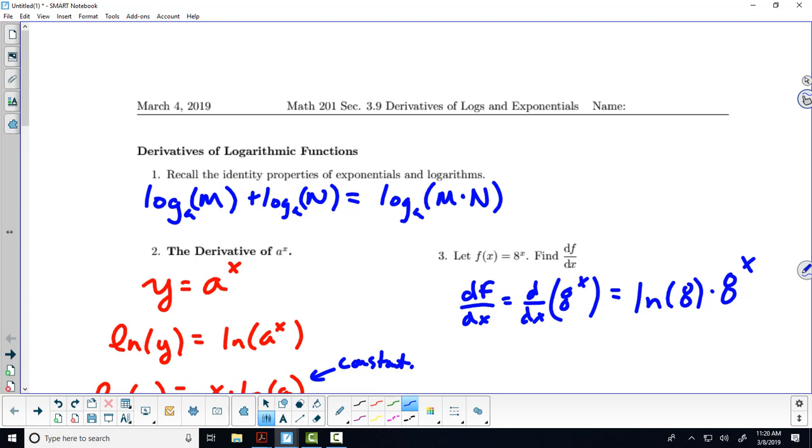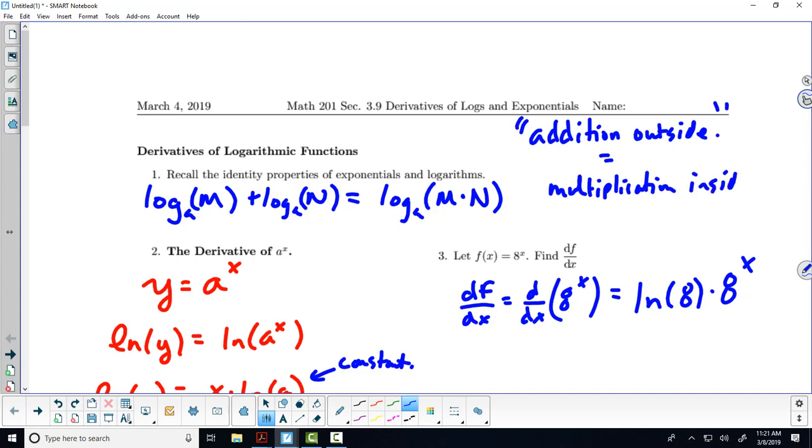Okay? Folks, I remember that as addition. Where is the addition? It is outside the two logarithms. Addition outside is equal to multiplication. Where is the multiplication? Multiplication inside. I've had students just say multiplication goes with addition, or addition goes with multiplication, and they make mistakes.